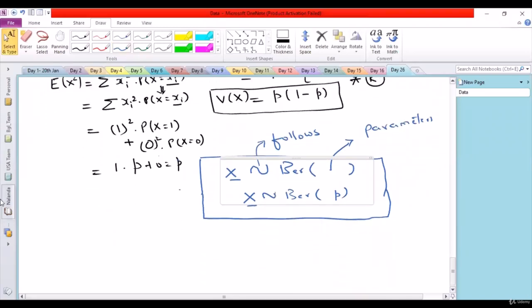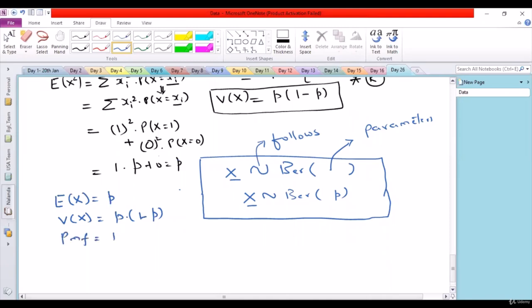So in a nutshell, what you need to remember here is the expected value of x is equal to P, the variance of x is equal to P into 1 minus P, and the probability distribution, your PMF function, is nothing but P to the power of x multiplied by 1 minus P to the power of 1 minus x.